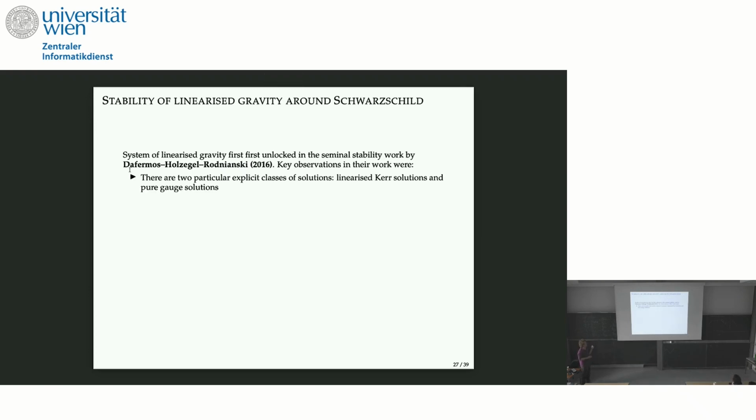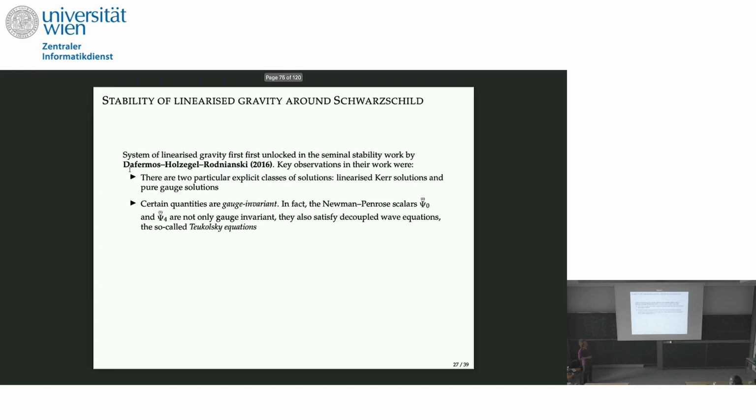Firstly, in this double null gauge, they separate out two explicit classes of solutions to the system: the solutions that arise when you linearize a neighboring Kerr, and the solutions that arise when you linearize a gauge transformation that keeps the double null gauge intact. You need to understand these solutions explicitly because they carry the unphysical degrees of freedom in the problem, and sometimes you need to get rid of them to understand certain things better.